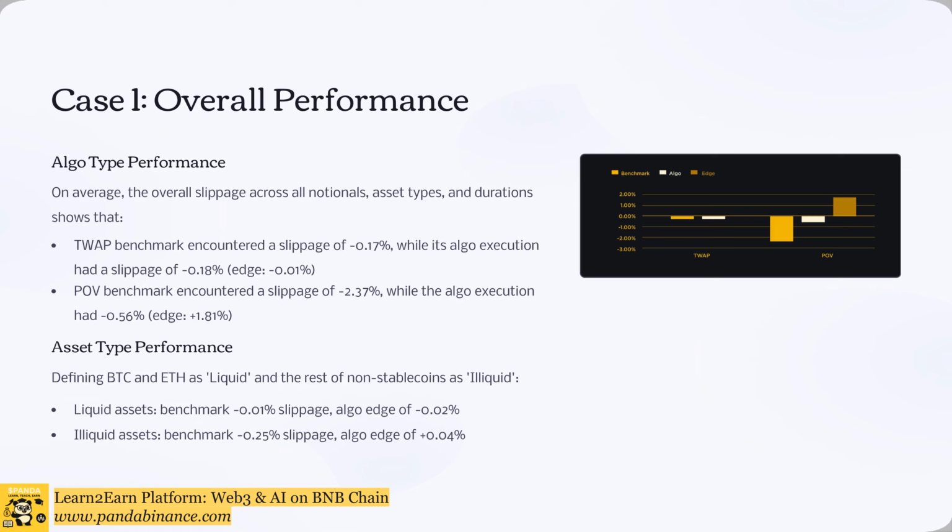For instance, across all metrics, TWAP showed a negligible difference in slippage compared to traditional orders. However, POV demonstrated a substantial positive edge, outperforming traditional orders by a significant margin, especially when managing slippage for less frequently traded assets. This difference highlights how the choice of algorithmic strategy can drastically affect trade outcomes.